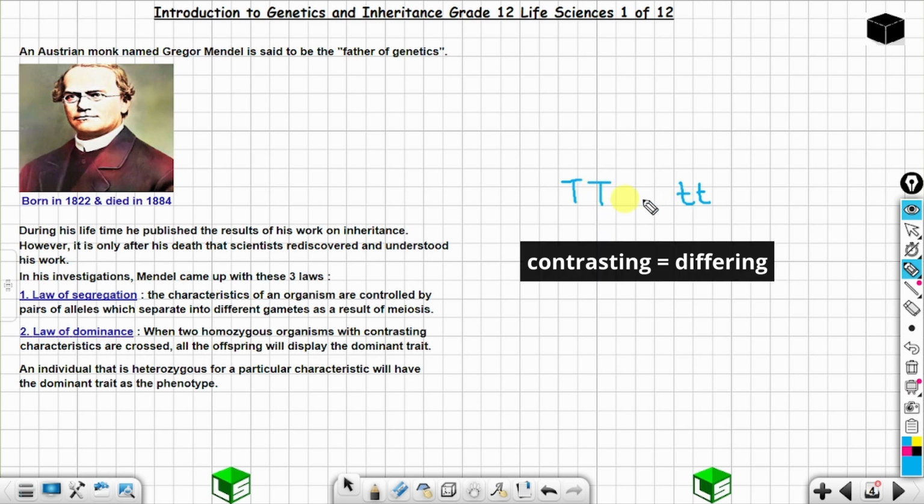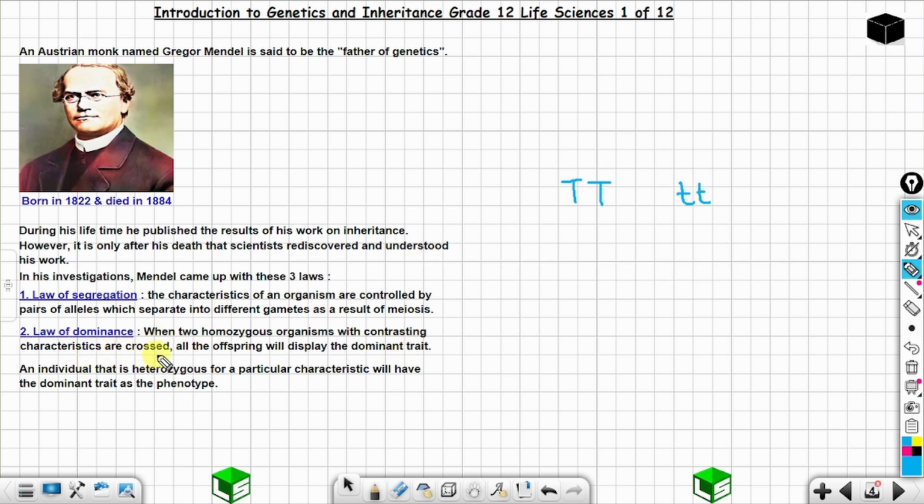They have contrasting characteristics. This one is tall, this one is short. Contrasting characteristics. Now, if they are crossed, you are going to have this and this.